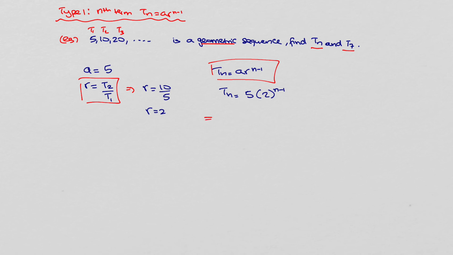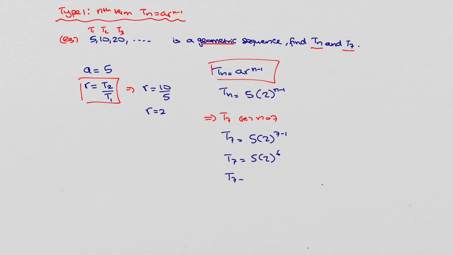If we want to find term 7, that means n is going to equal 7. That would be 5 times 2 to the power of 7 minus 1, which is 5 times 2 to the power of 6.